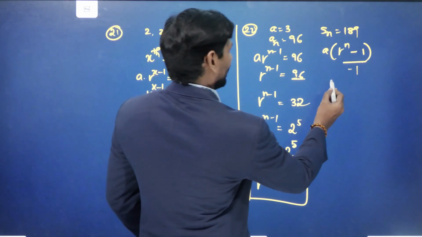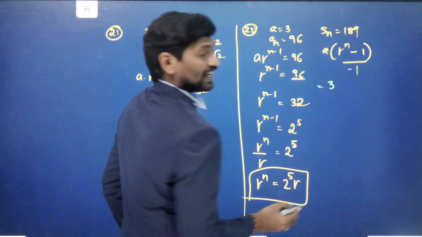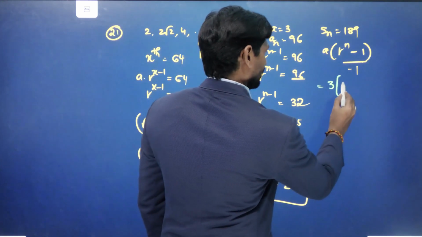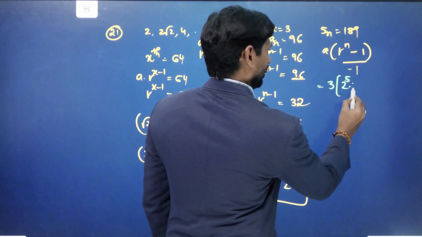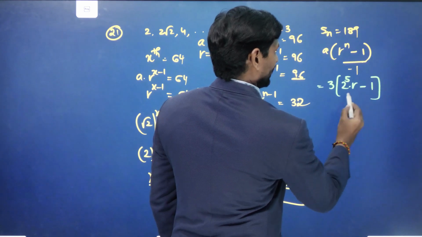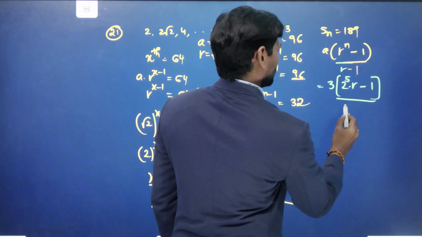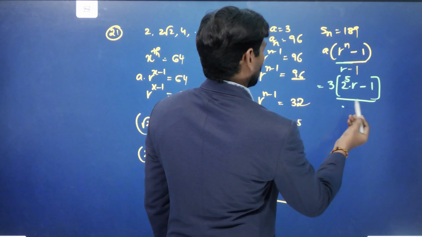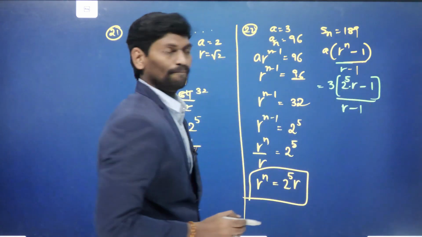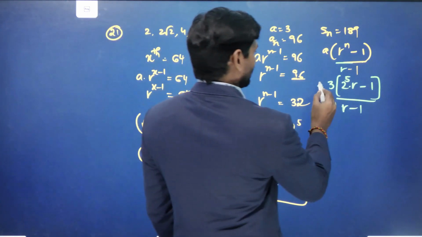Now the a value is 3, and r power n is 2 power 5 into r, minus 1, by r minus 1, which equals 189.